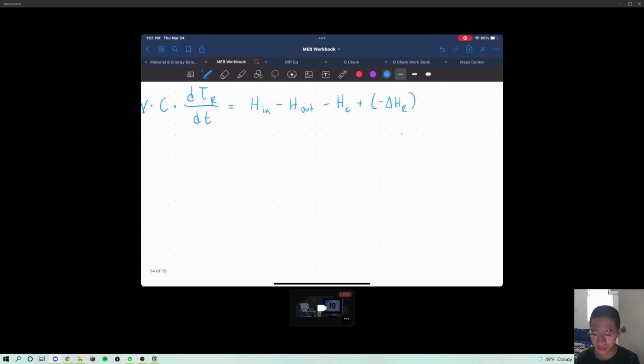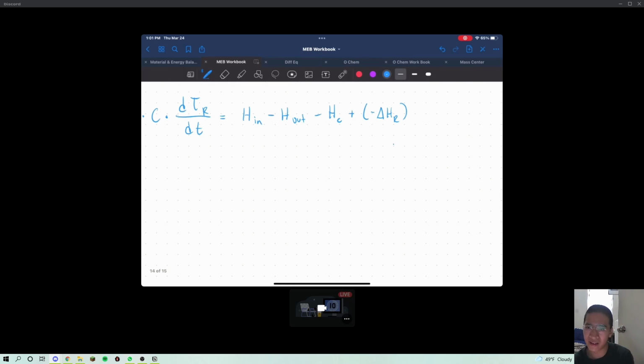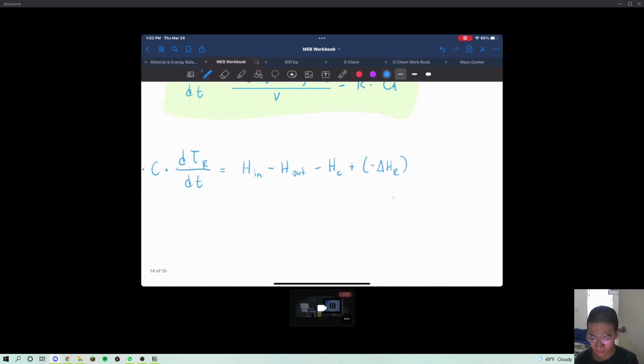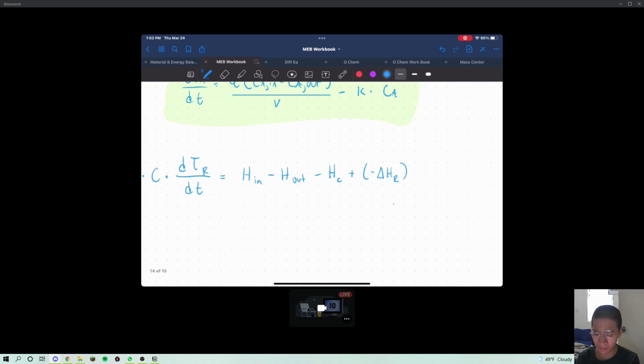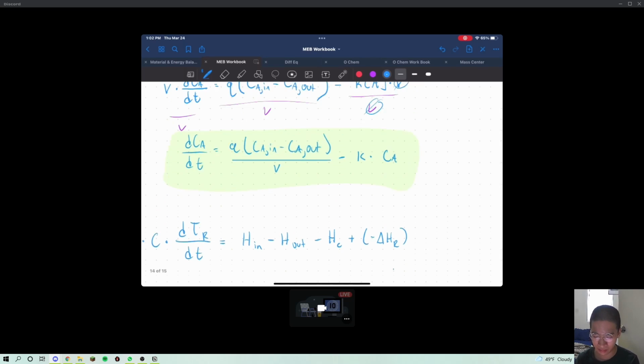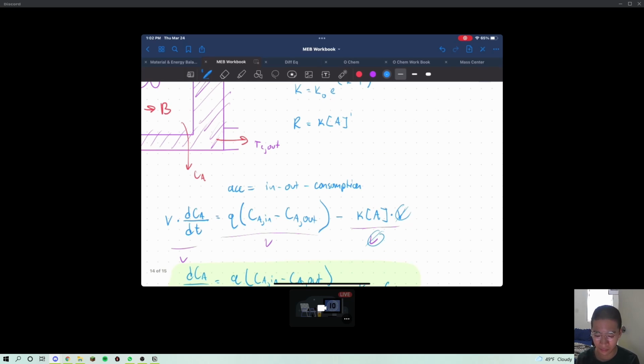I got a bit ahead of myself, but let's start replacing these terms with terms that we know and can simulate. So this is the enthalpy of reaction. What do I multiply it by to get the total energy released by a reaction per unit time? I multiply by rate.